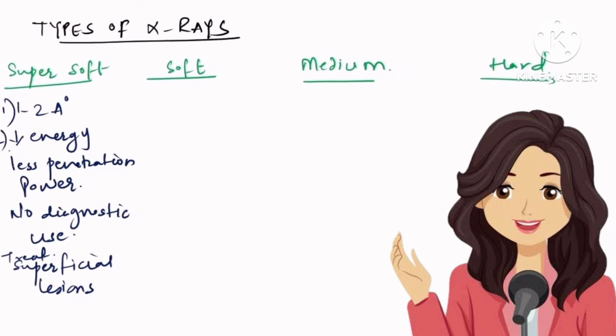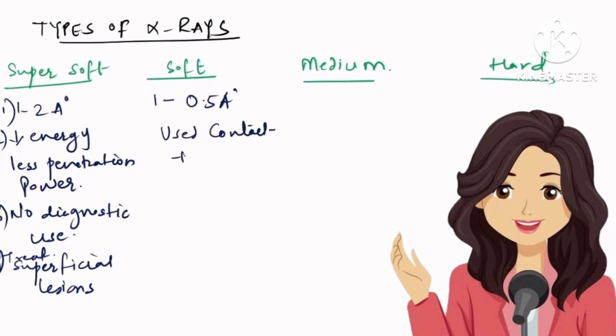So super soft X-rays have a wavelength of 1 to 2 Armstrong. They have less energy, less penetration power. Third, they are not used for diagnostic purposes. Fourth, they are used for treatment of superficial lesions. All right. Then we come to the soft X-rays. Soft X-rays will have a wavelength between 1 to 0.5 Armstrong. These X-rays are used in contact therapy.